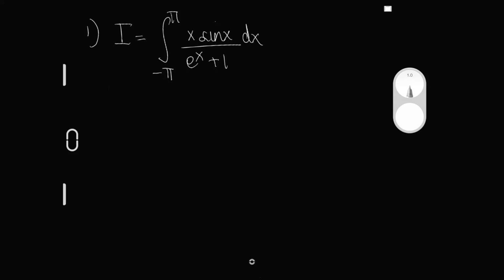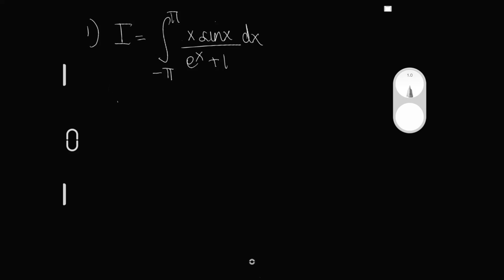Now wherever you see an integral in the form of minus a to a, you always apply the property such that minus x first, that is pi plus minus pi minus x. So you could check over here, it will be minus x over here, so this would come on top and this will become minus. Sine is an odd function, x is also an odd function, so here this becomes positive.